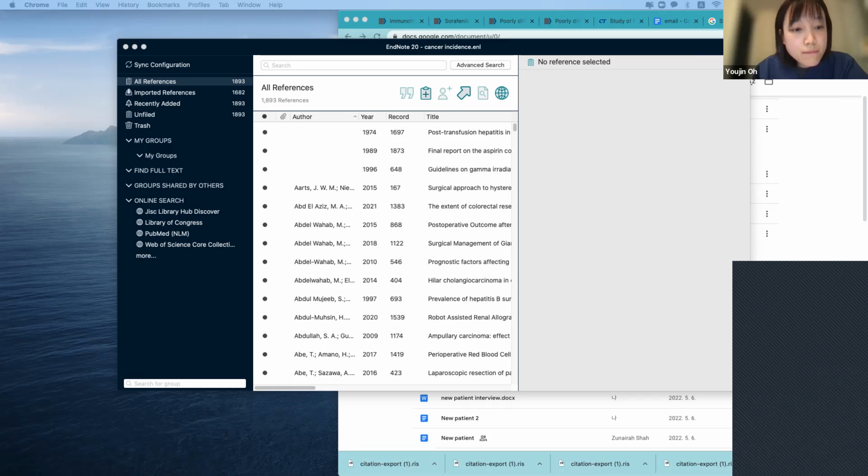So maybe moving on to the other topic, I finished my search of PubMed, Medline, and Cochrane, and I gathered 1,600 papers studying cancer incidence after blood transfusion. So I'm planning to proceed with this meta-analysis.